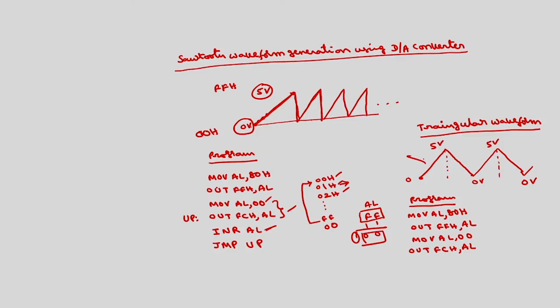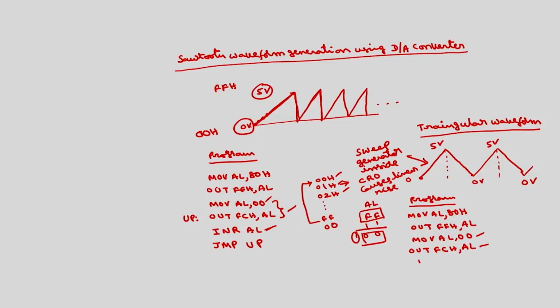So, the sweep generator will take care of this linear rise, as well as linear fall. Okay. So, no need of delay here, just simply I will output this 00 volts using this instruction.